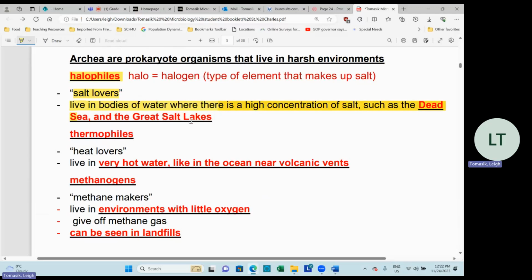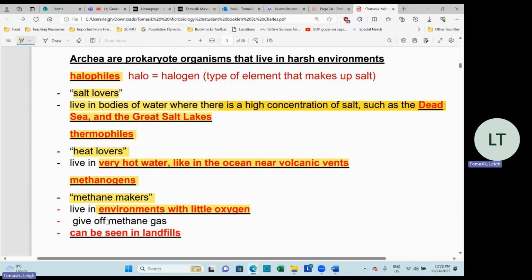There are also thermophiles. Thermophiles are heat lovers. They live in very hot water, like in the ocean near volcanic vents. And we have methanogens. Methanogens are methane makers, and they live in environments with little oxygen. So they will do fermentation instead of aerobic respiration.